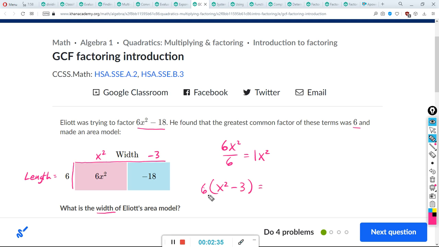And if you distribute 6 times x squared and 6 times negative 3, you'll get the original area, 6x squared minus 18. So they just put it in a rectangular model, length times width equals area. So we're basically just factoring.